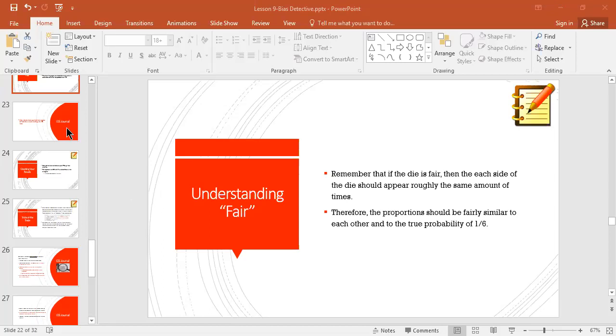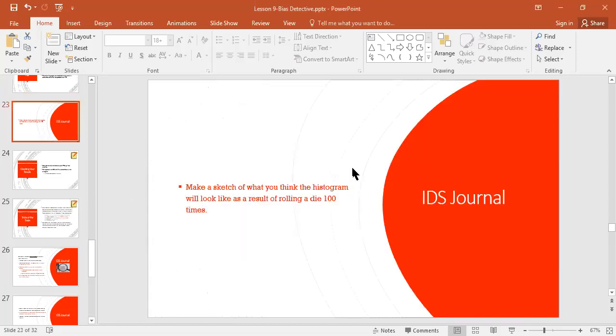Perfect. Okay, so in your journal, you said you would like to see it in a histogram, so let's make a histogram of our tallies. Based on your tallies for your 100 rolls, I want you to draw an actual histogram. I'm going to do one of mine so you can see what we're talking about. We're just going to sketch it.